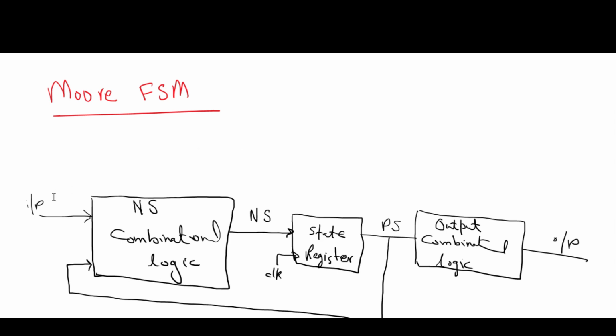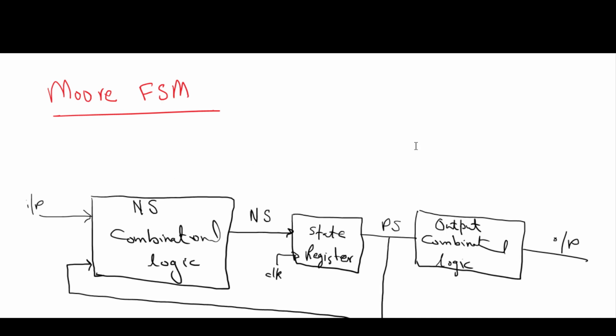Now, as we have defined the sequential machines or finite state machines, now onward your task will be to design such machines. So in the next lecture, I will show you how we can design a sequential machine or finite state machine.